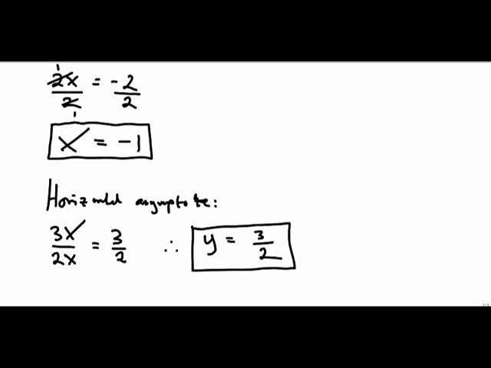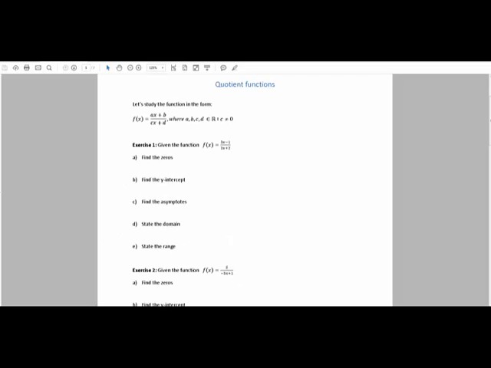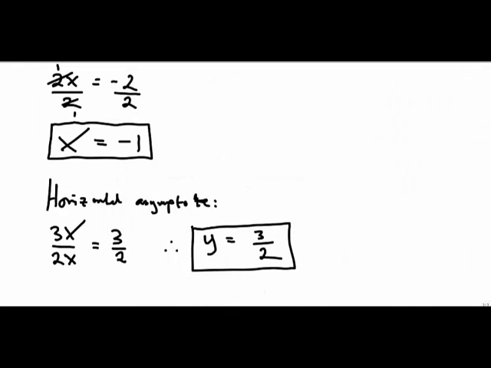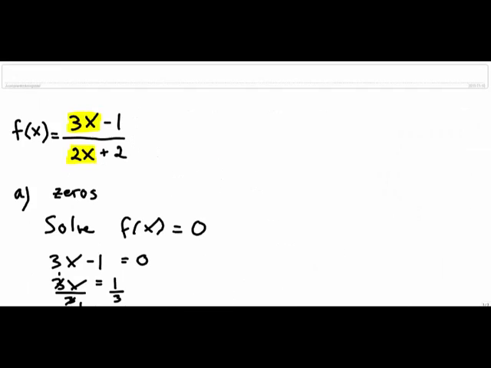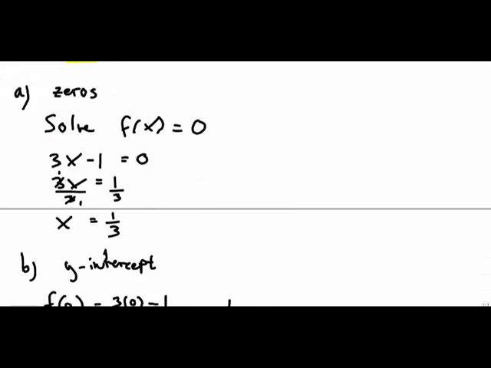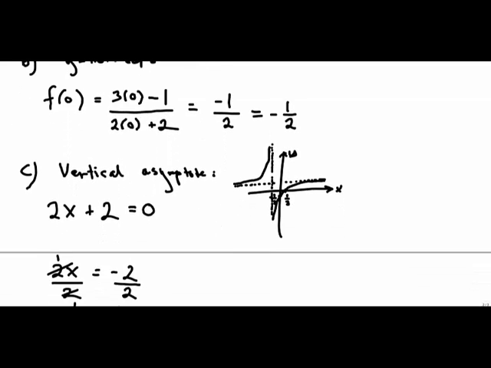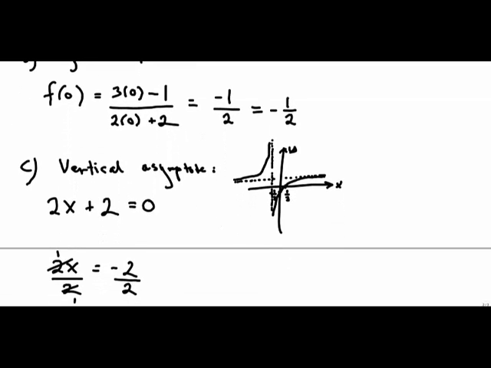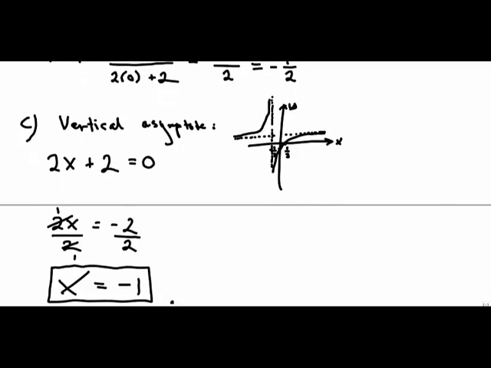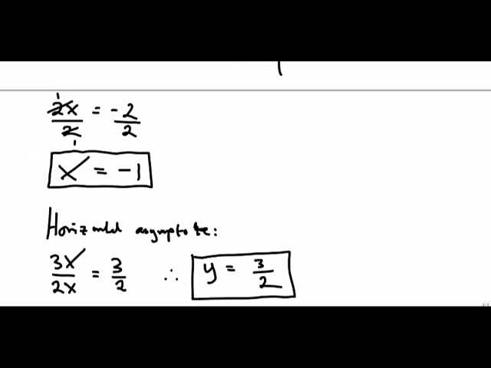Now, let's get back to question D. State the domain, possible x values. Well, let's just look at the function. We can put in any x value here, that's fine. The only thing we have to watch out for is when the denominator was 0, and that happened when x was equal to minus 1.